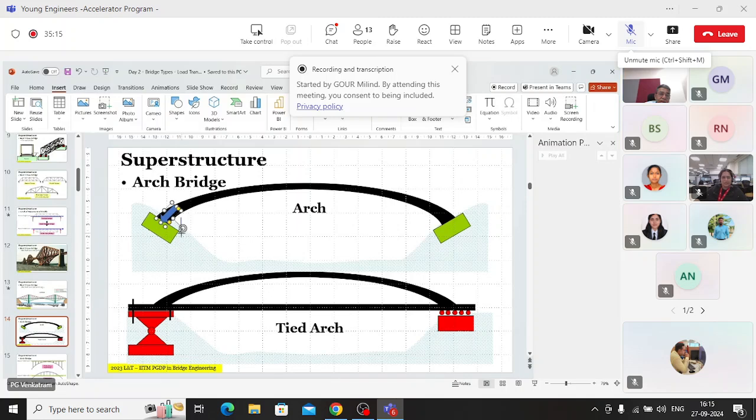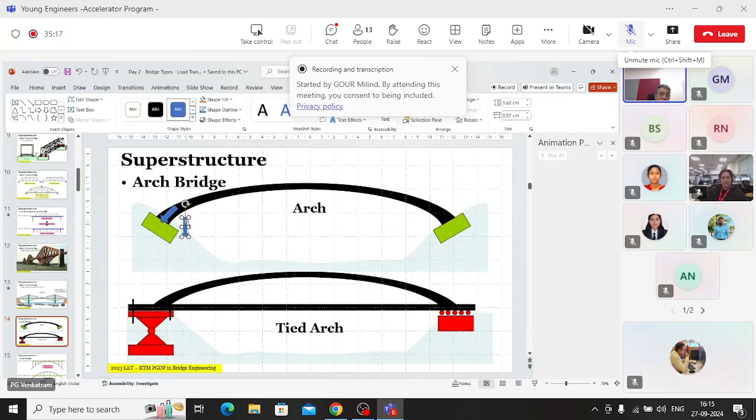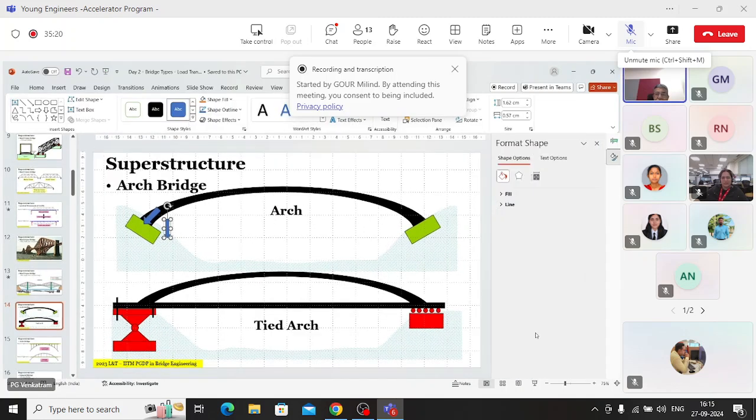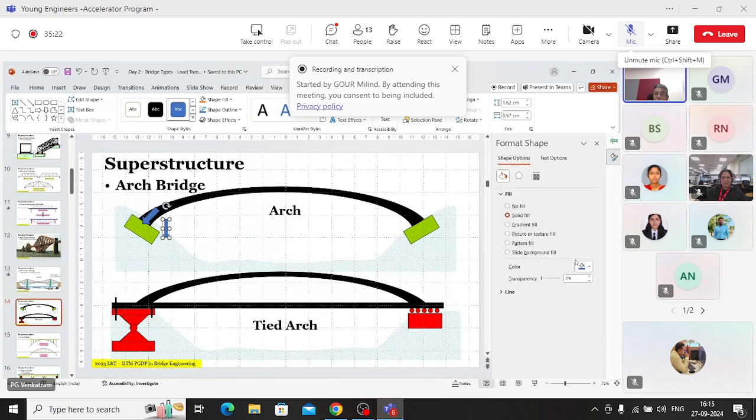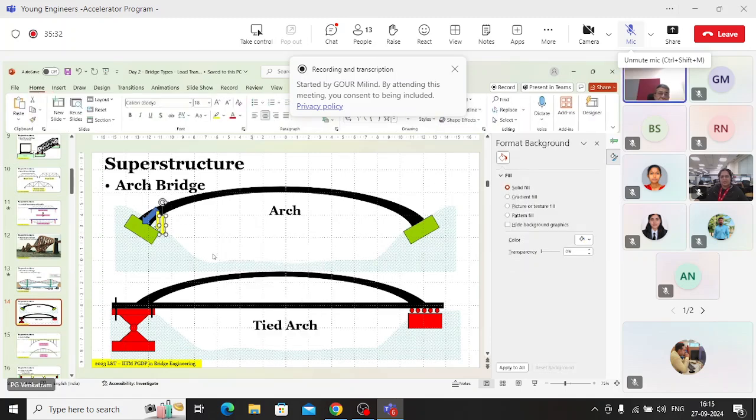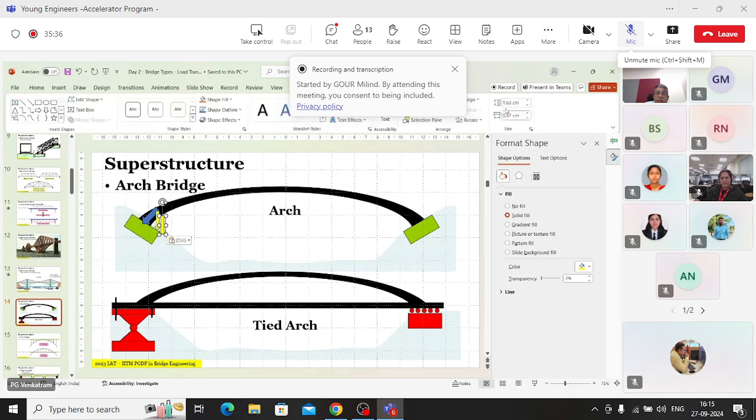You can resolve this into components if you like. So you have a vertical component, and you have a horizontal component.